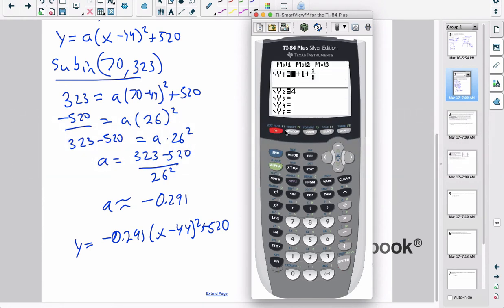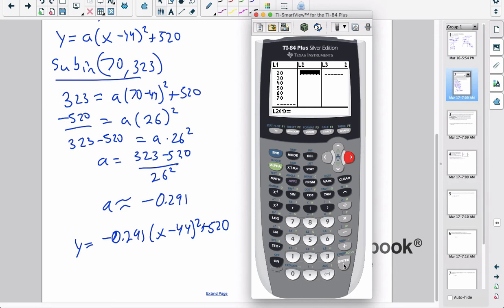We can go to y equals, let me clear that. We can go to statistics, edit, and then we can type in the numbers here. I'm going to go up to L2 and press clear. I'm going to go over to L1, press clear, enter, and we can type in 20, 30, 40, 50, 60, 70.